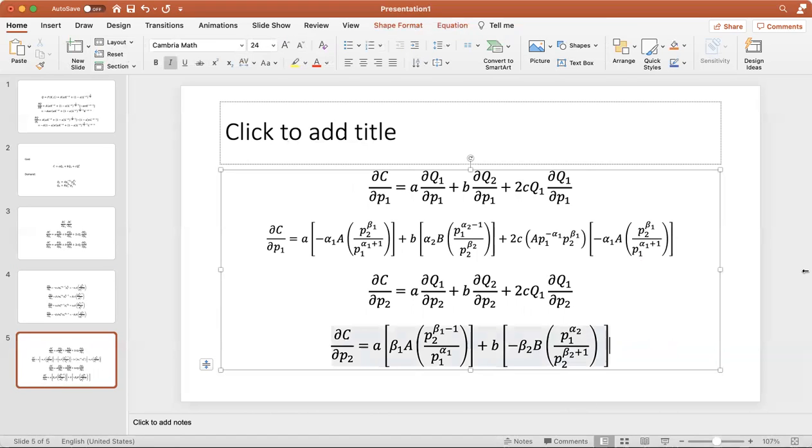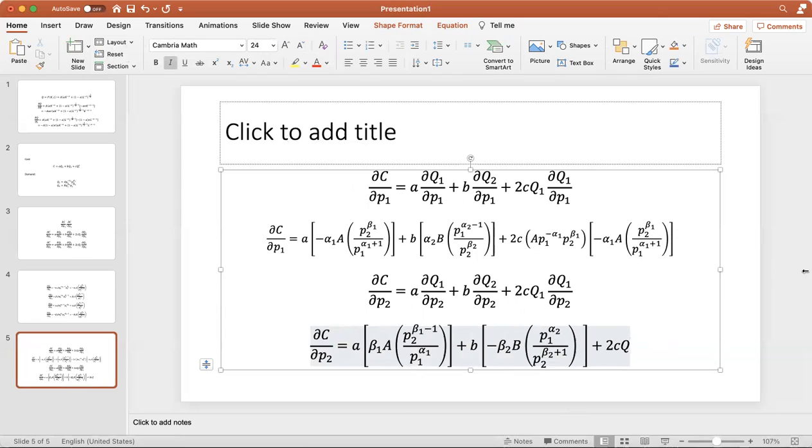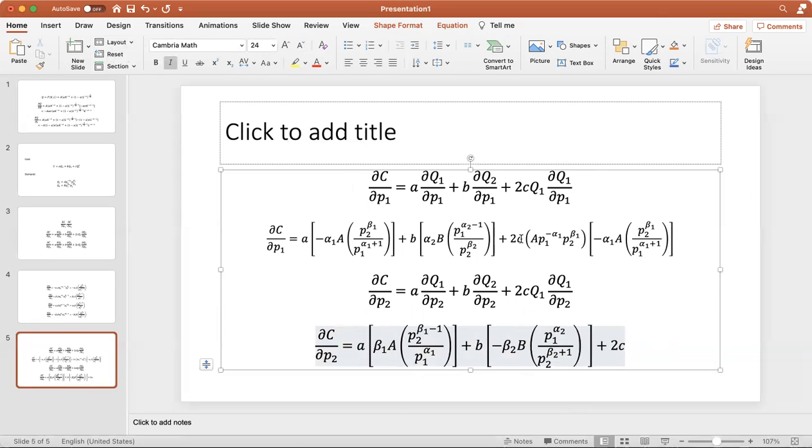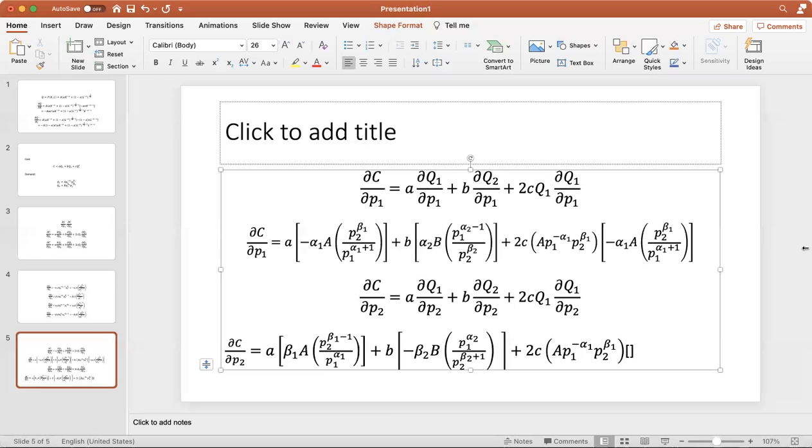Plus 2C, Q1. I'll just copy this. And then another bracketed term here, just to copy Q1 over P2.